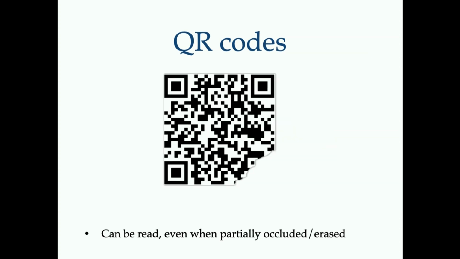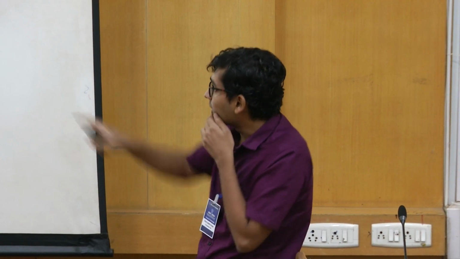So sometimes part of it could be torn off, right? And sometimes what happens is it's torn off and behind it there is an older QR code somewhere. So what is the difference here? There is a crucial difference. The first example I showed, some part of the data was deleted, erased. Now what is happening here?